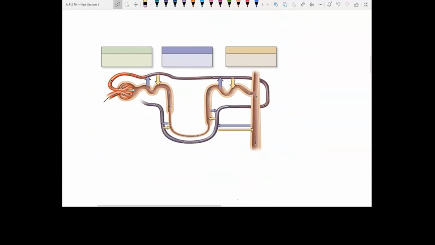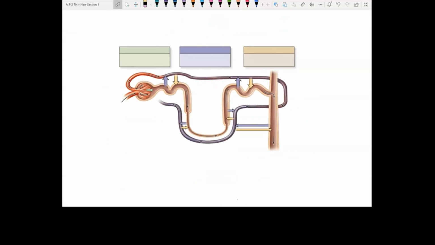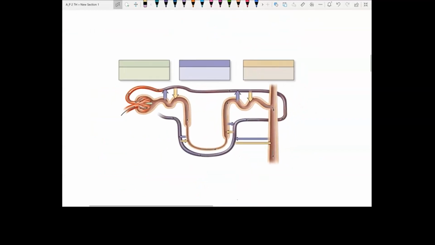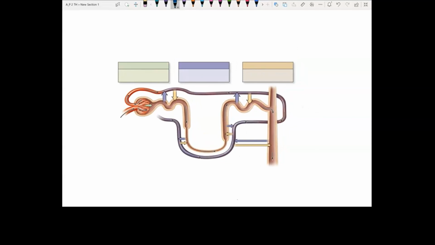Here's another picture just to look at those processes again with a little more detail. So here is the afferent arteriole. Remember, this is where the dirty blood enters. Here is the glomerulus.